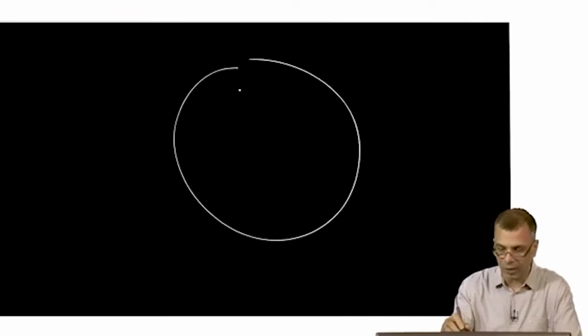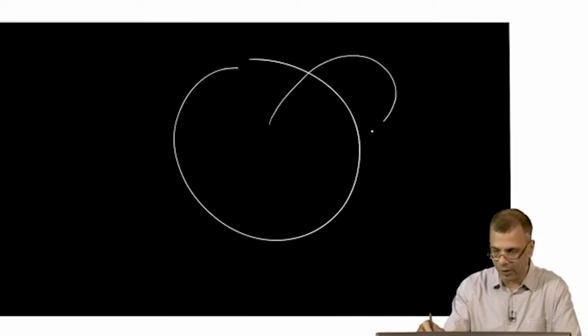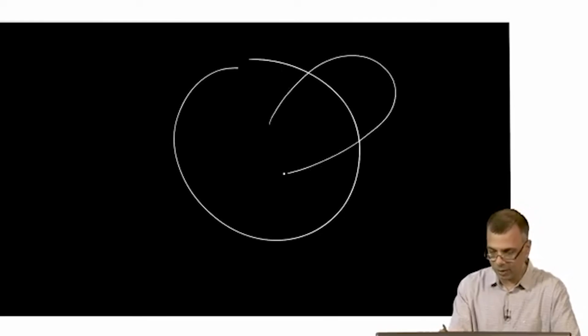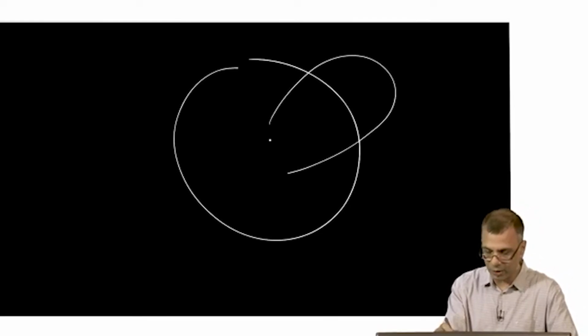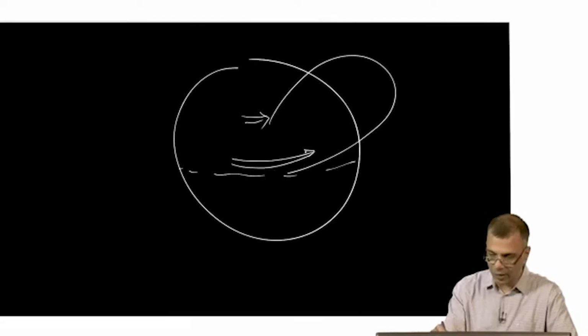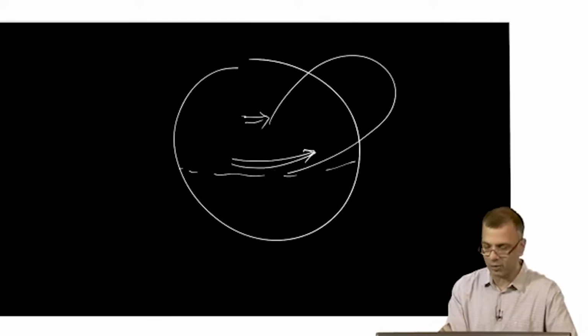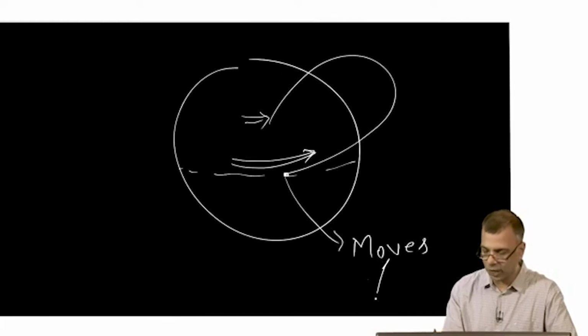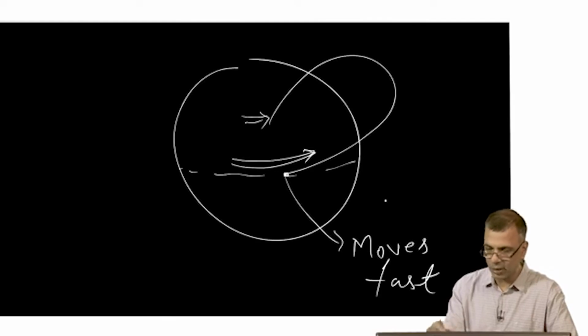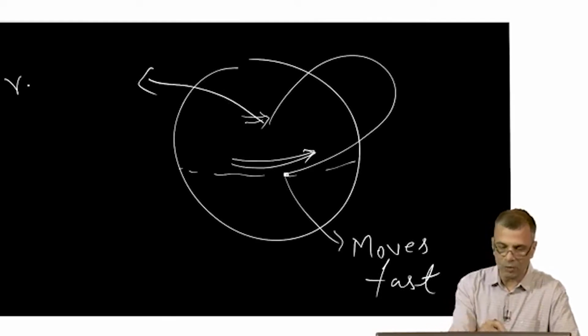You have magnetic field lines embedded in the solar corona, say a magnetic field line like this. Now the problem here is that, suppose this was the equator, lower latitudes move faster than higher latitudes. So this leg moves fast, and this leg moves slower.